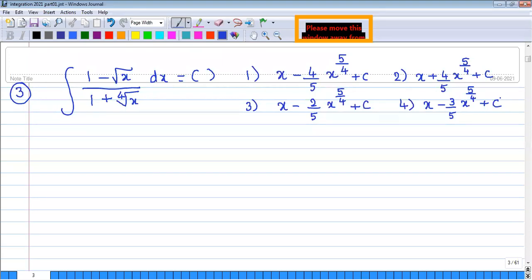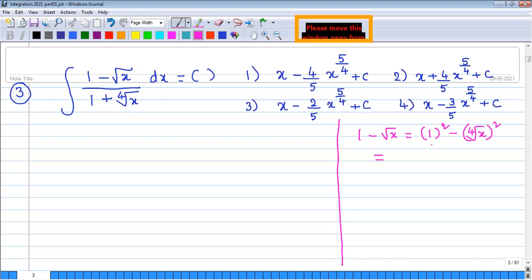Right. So now 1 minus root x by 1 plus 4th root x. This 1 minus root x we need to express in terms of 1 plus 4th root x. See, this 1 minus root x can be written like this: 1 square minus 4th root x whole square. 4th root x means x to the power of 1 by 4 whole square, x to the power of half, root x itself only.